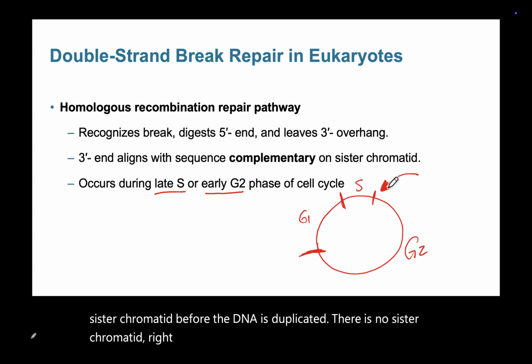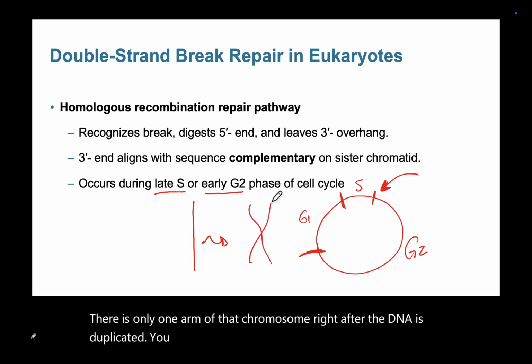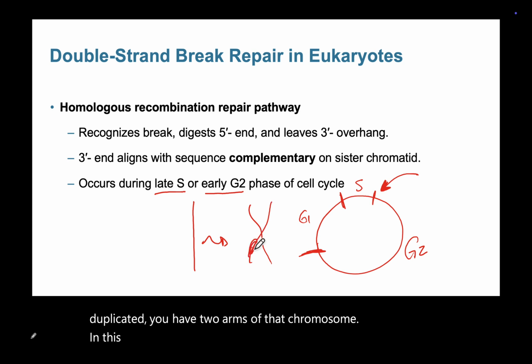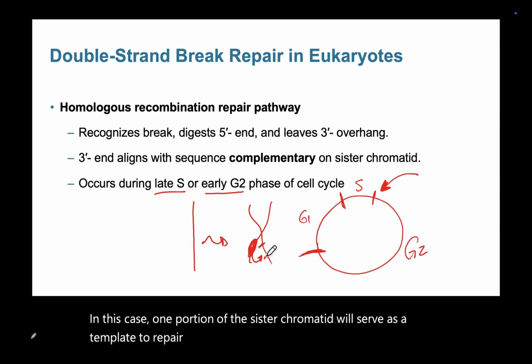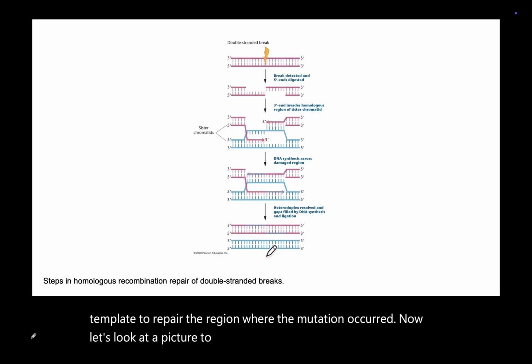Because there is only one arm of that chromosome, right? After the DNA is duplicated, you have two arms of that chromosome. In this case, one portion of the sister chromatid will serve as a template to repair the region where the mutation occurred. Now let's look at a picture to make more sense of what we are saying.